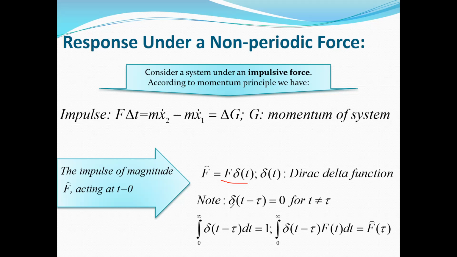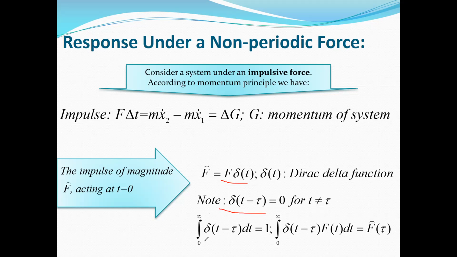Or we can write the general definition of the Dirac delta function, which is delta at t minus tau is equal to 0 for all times which are not equal to tau.